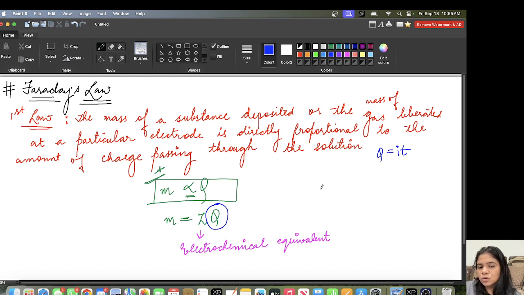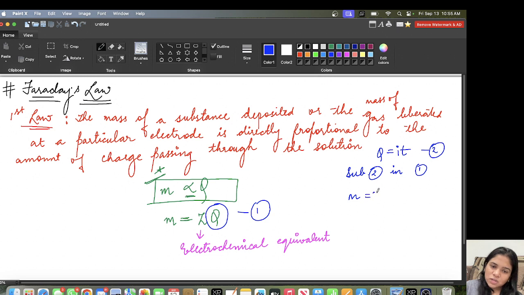So just substitute your second one in the first. Substituting, what you will be getting? M equals ZIT. So either this formula you can use or you can use M equals ZQ, one and the same thing only, because Q equals your IT.